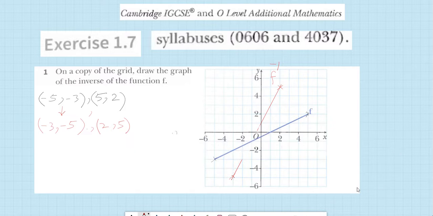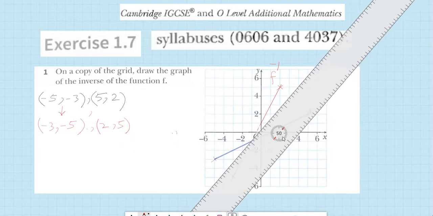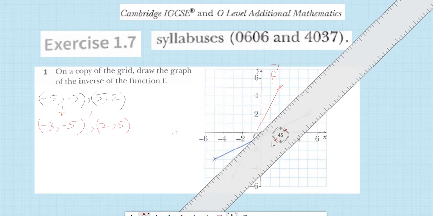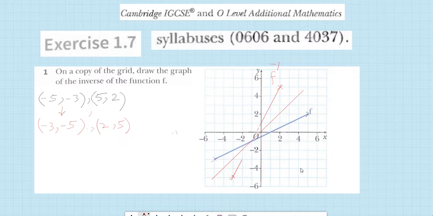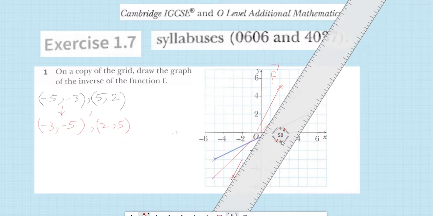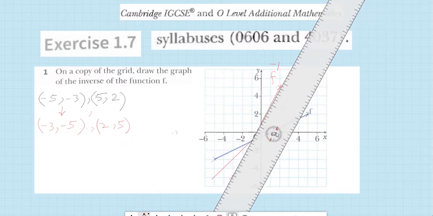This is wrong. We have to draw a line which should pass through the origin. This is the mirror line, and this is our graph of the function.